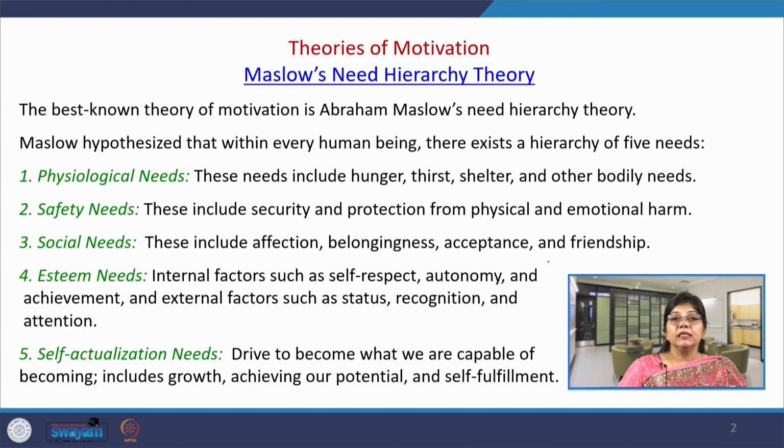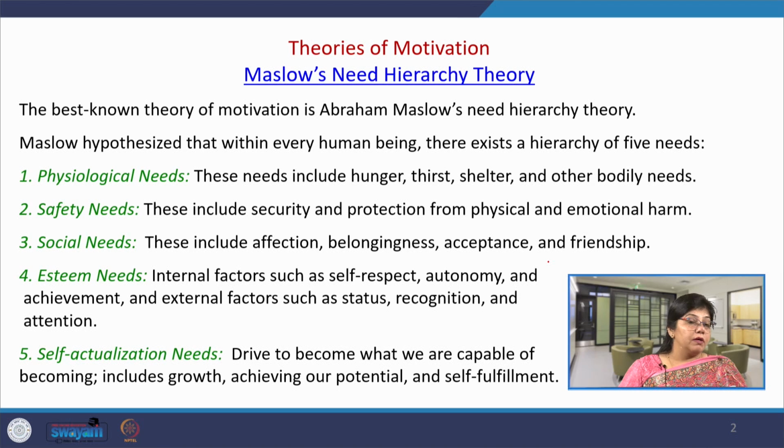The first need he talked about is physiological needs. These include hunger, thirst, shelter, and other bodily needs. This is the foremost and most essential need that an individual must satisfy for survival. For example, when a person feels hunger and thirst, he is motivated to make arrangements to satisfy them.